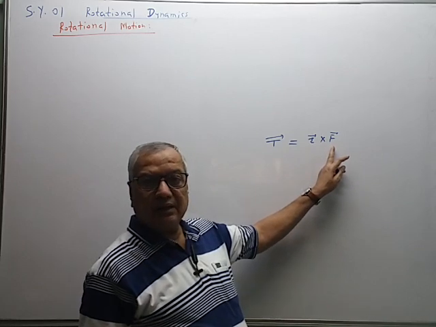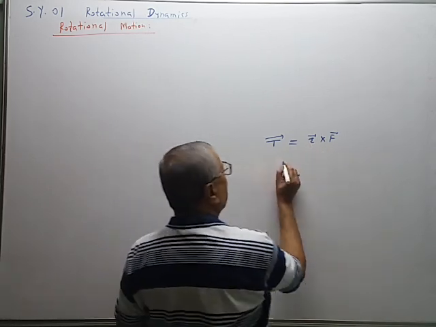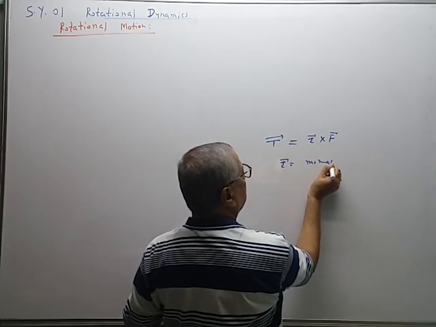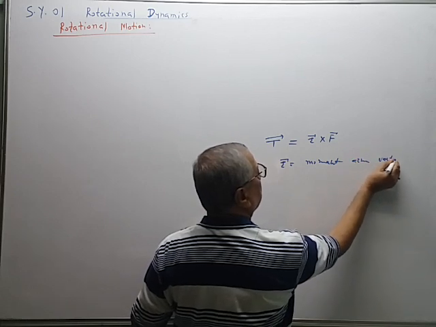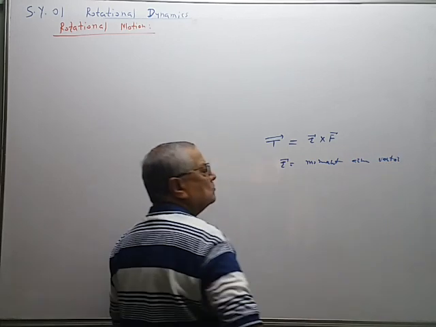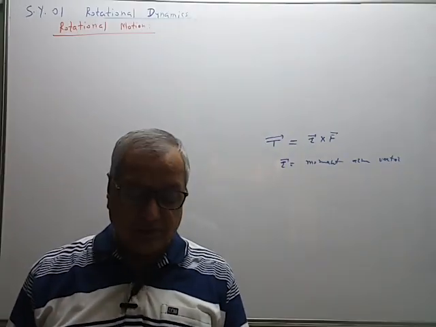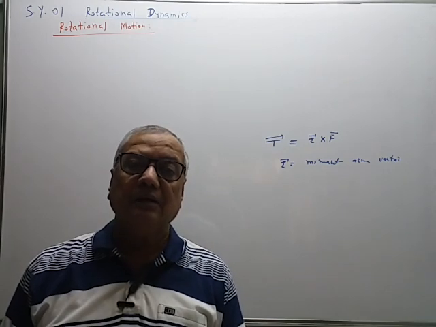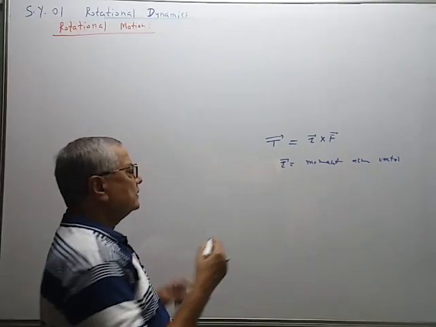If there is a couple acting, then it is any one of the forces multiplied by R. R is called the moment arm vector. It is the perpendicular distance between the fixed point for the rotational motion and the line of action of the force. The meaning of R is like this.